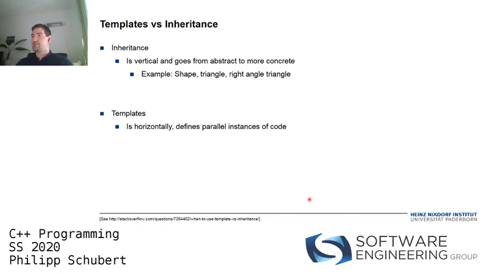Yeah, let's have some examples. Last time I already presented that example to you. If we have a look at shapes, that would be in our case the most abstract type. Then we would have some subtypes as well, so triangle, right-angle triangle. And for templates we had the example where we sorted some stuff, so we could sort integers, we could sort doubles, so everything which overloads the smaller than operator could be sorted.